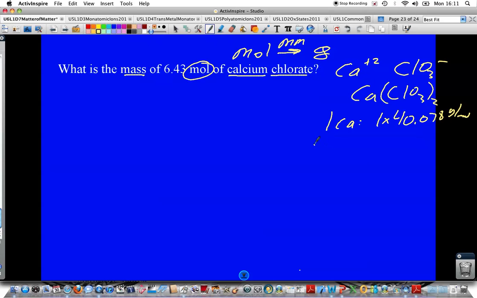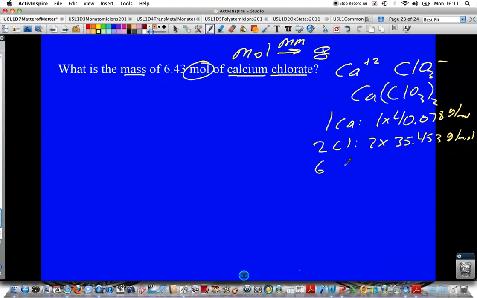Then I have 2 chlorines, so it's 2 times 35.453 grams per mole. Your molar masses may be slightly different depending on what periodic table you're using, and that's not that big a deal. So don't worry if your numbers aren't exactly the same.